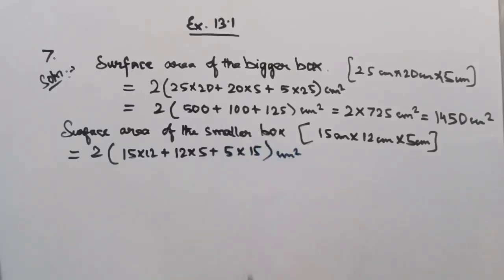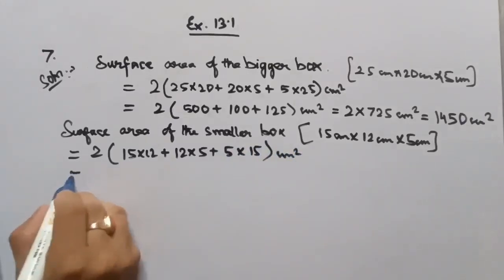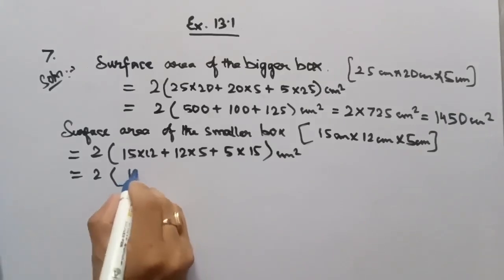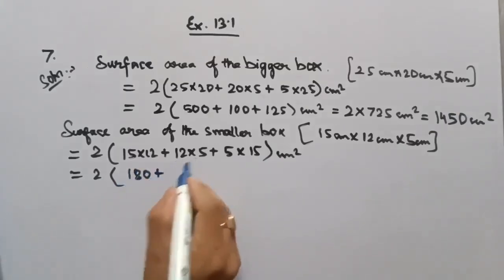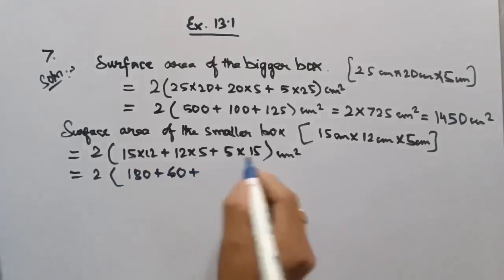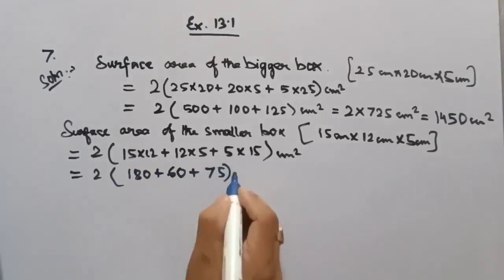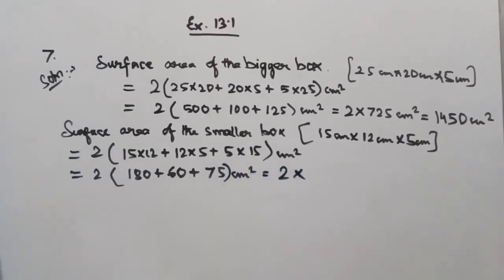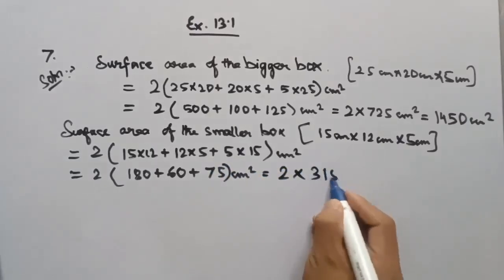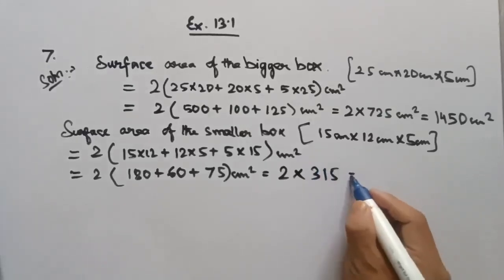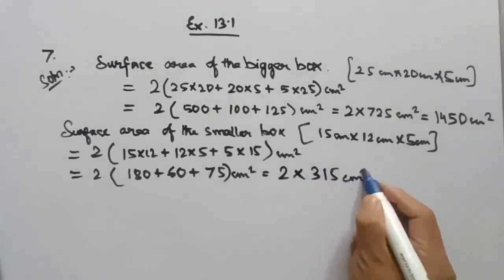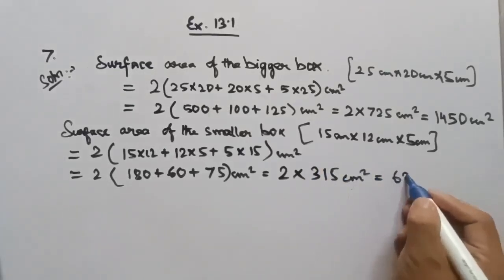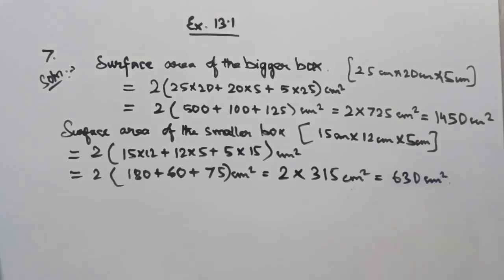This will be centimeter square. This is equal to 2 times 15 into 12 is 180 plus 12 5 times is 60 plus 5 times 15 is 75 centimeter square. This is 2 times 315. This is equal to 630 centimeter square.